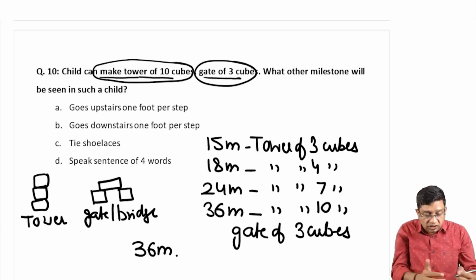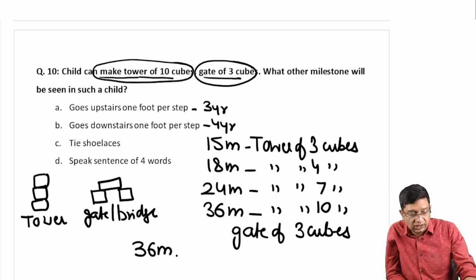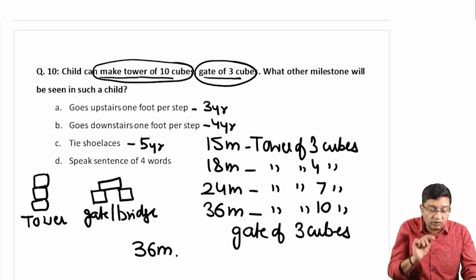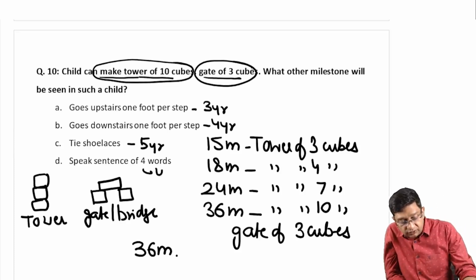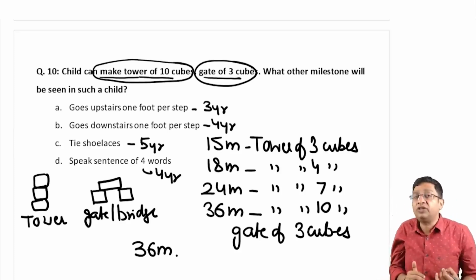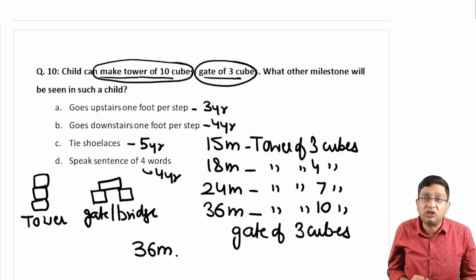Now in this, if we see, goes upstairs 1 foot per step, that is 3 years. Downstairs 1 foot per step, that is 4 years. Tie the shoelaces, that is now 5 years. Previously 4, now it is 5. Speak sentence of 4 words is 4 years, because it's a rule of thumb that from 2 to 5 years a child can speak sentence of words equal to the age of the child.